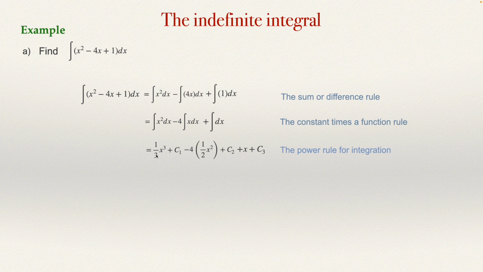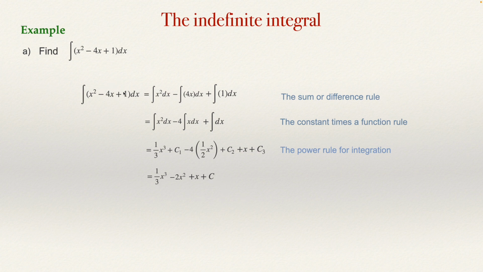And here, for example, I notice that 4 over 2 can be written 2. Yeah? So it will be 2 multiplied by x to the power 2. So I can simplify this, typing that this is 1 over 3 x to the power 3. This will be 4 over 2 is 2, so it will be -2 x to the power 2. Here will be this plus x, and now noticing that these 3 constants are just 1 constant, I'm just gonna type a constant at the end.